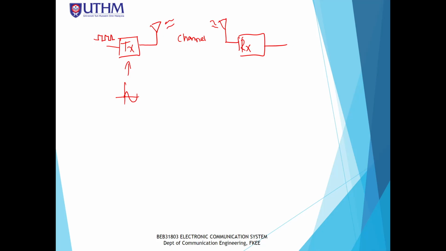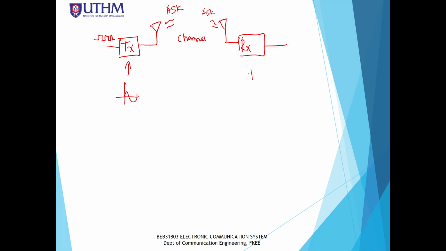Our digital input has only two possibilities, either logic 0 or logic 1. This variation will change the amplitude characteristic of the carrier, and we produce a waveform that we call ASK, amplitude shift keying. When the signal arrives at the receiver, we do the process of demodulation.